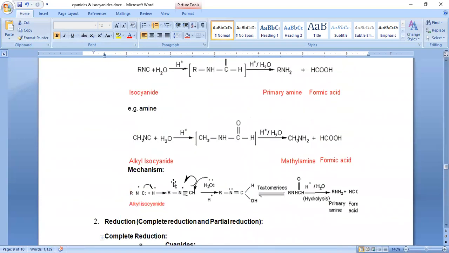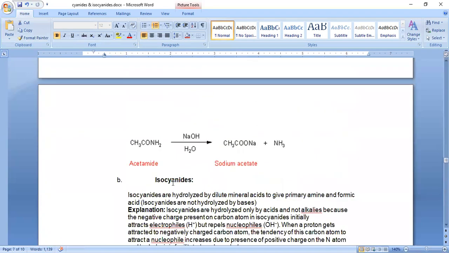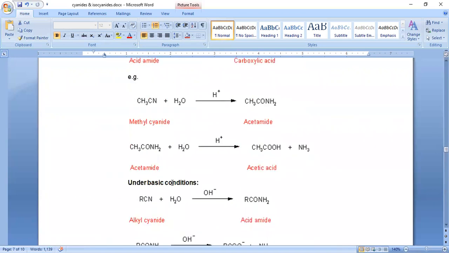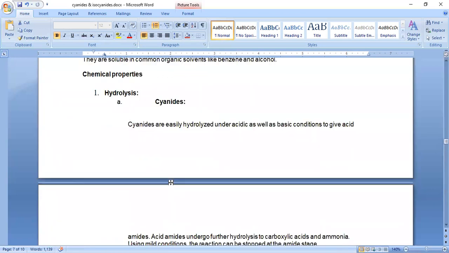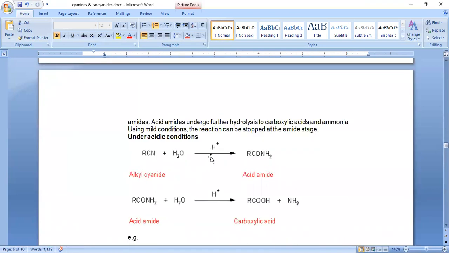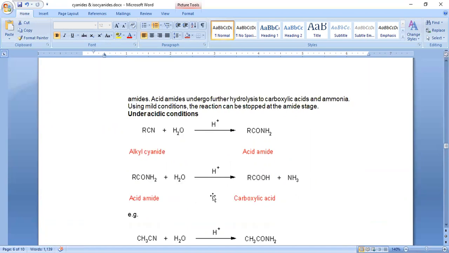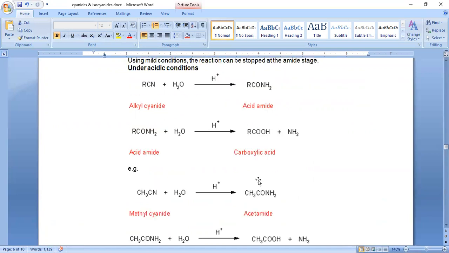Bluntly, you can remember that hydrolysis of cyanides always gives carboxylic acid. Initially we get an amide, and on further hydrolysis of the amide we get carboxylic acid. That means this reaction undergoes two steps: first, cyanide adds a water molecule and is converted into amide, then with further addition of water it is converted into carboxylic acid.